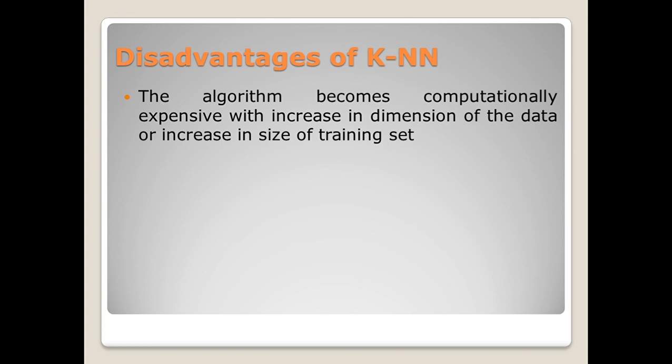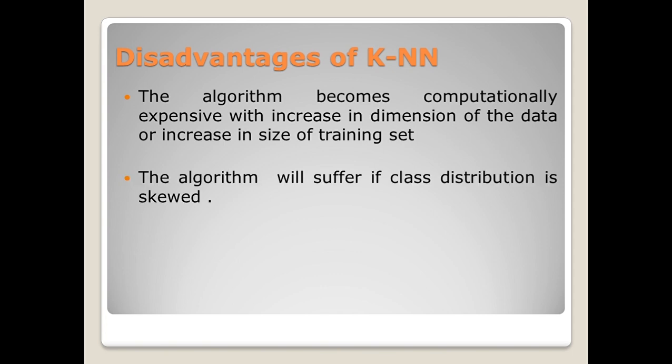A disadvantage of KNN is that the algorithm becomes computationally expensive with an increase in the dimension of the data or an increase in the size of the training set. That is, if we increase the number of attributes or the number of records, then the algorithm is computationally expensive. The algorithm will suffer if class distribution is skewed.